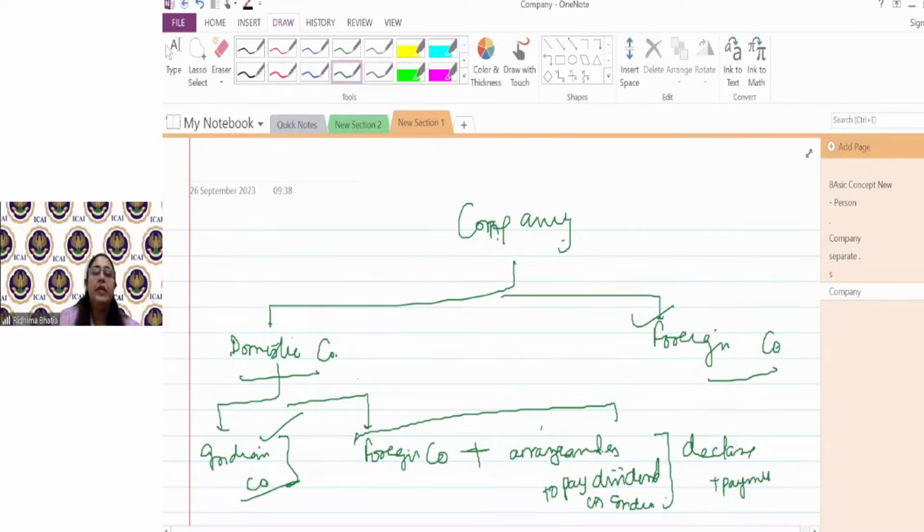Then a foreign company can be called as domestic company. So when a foreign company makes arrangements to pay dividend in India, and by arrangements, not only payment, but also the declaration, then that foreign company is called the domestic company. Clear? Again, this category is important, division of domestic and foreign, because rules differ for domestic company, for foreign company.